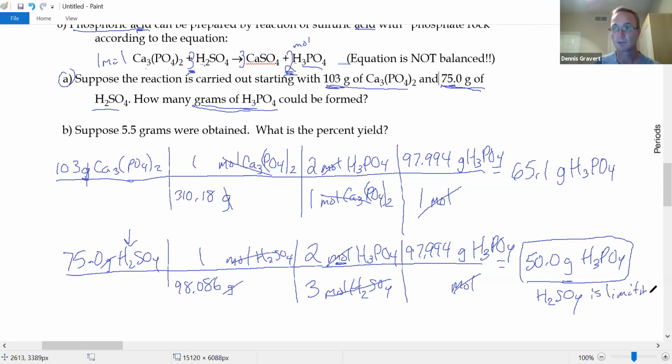It's the limiting reagent. 75 grams can only produce 50 grams of the product, and then you're out of sulfuric acid. If you had more sulfuric acid, then you could convert the 103 grams to 65. We just didn't have enough. So there's the amount. That's the answer. The smaller amount between 65.1 and 50 is the correct answer, the smaller one.